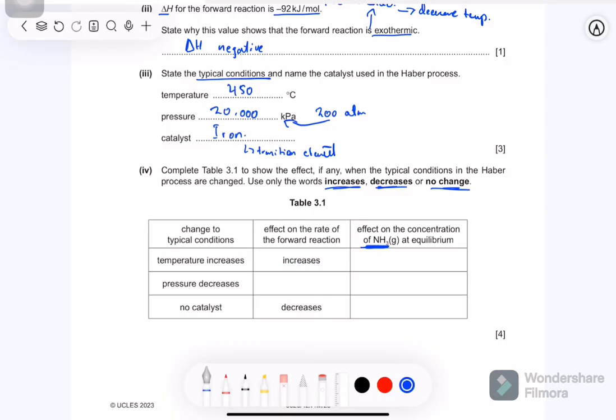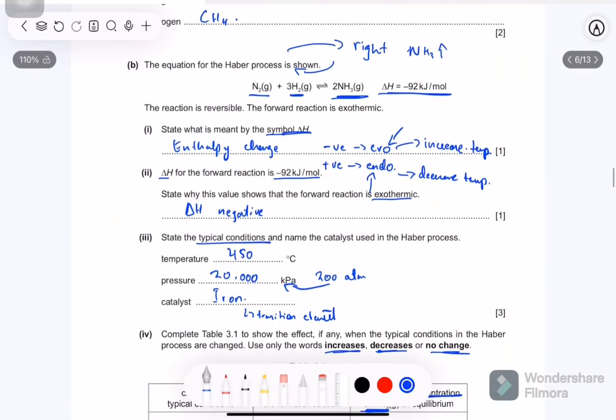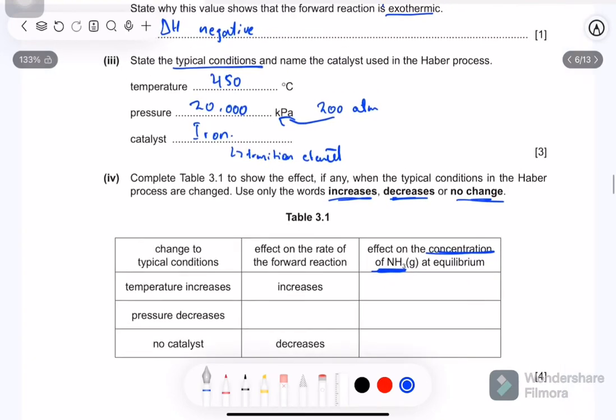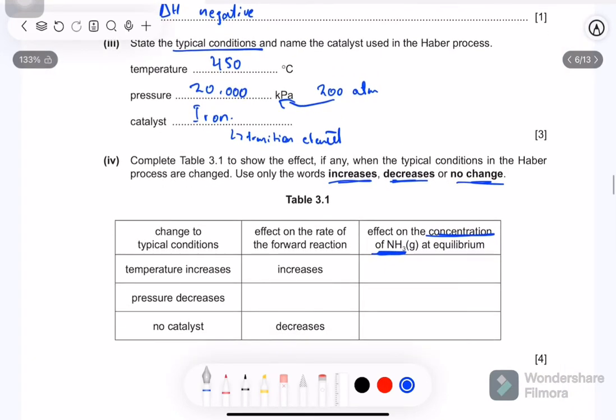Next, effect on the concentration of NH3 at equilibrium. When there is an exothermic reaction and we increase the temperature, the equilibrium shifts towards the left, the reaction goes backward. This is what you have to memorize, and you can get 2-4 marks standard questions regarding this: when the temperature is increased, where the equilibrium moves, why does this happen, explain. 2 marks for this, 2 marks for the pressure one.